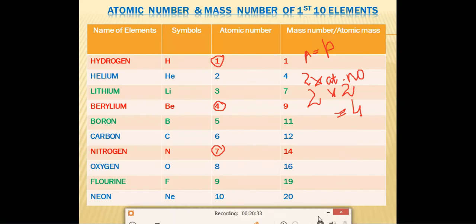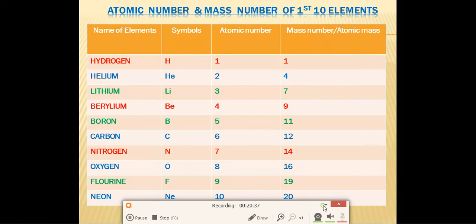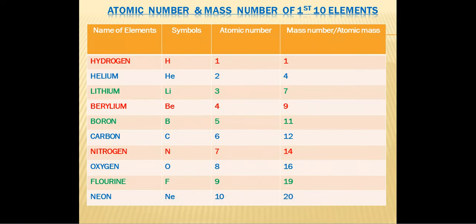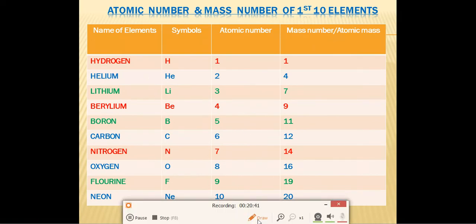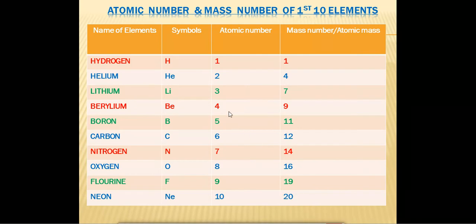Okay. Now, the next element is lithium. Lithium has atomic number 3. The symbol is Li. 3 is an odd atomic number. For odd atomic number, which formula did I tell you? 2 into atomic number plus 1.